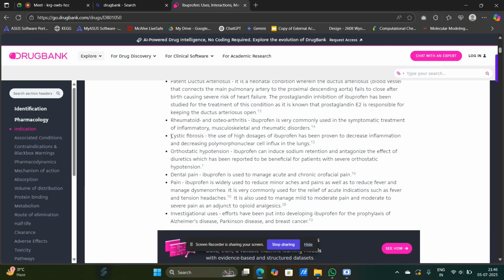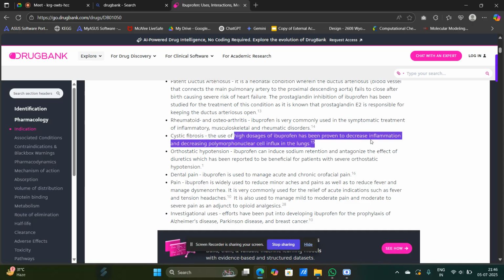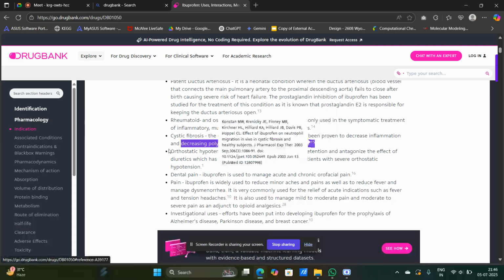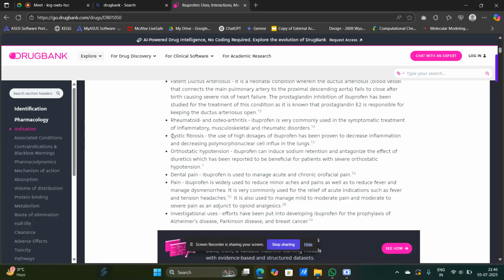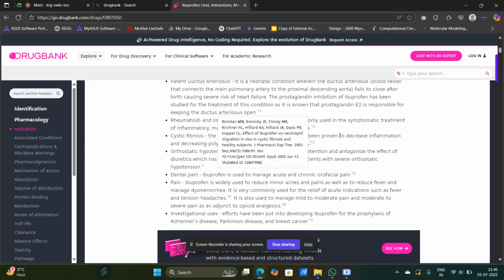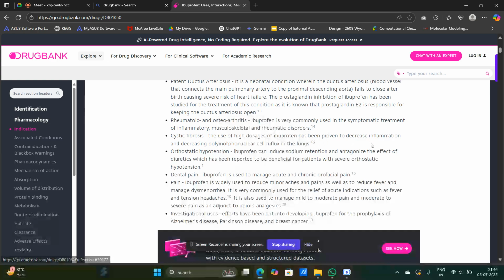And then they have also mentioned that the use of high dosages of ibuprofen has been proven to decrease inflammation and decrease polymorphonuclear cell influx in the lungs. So, in case of cystic fibrosis, which is one of the genetic health conditions, it is used to decrease the inflammation and also to decrease polymorphonuclear cell influx.